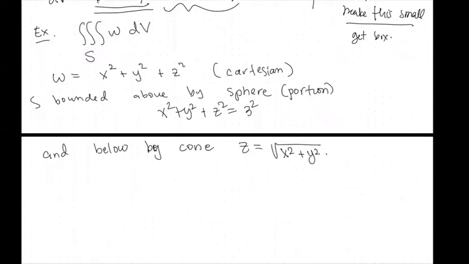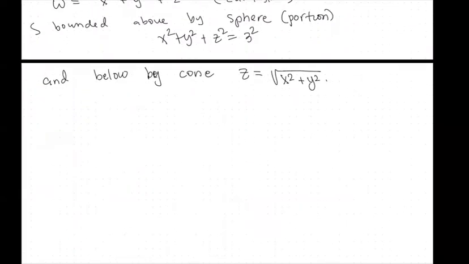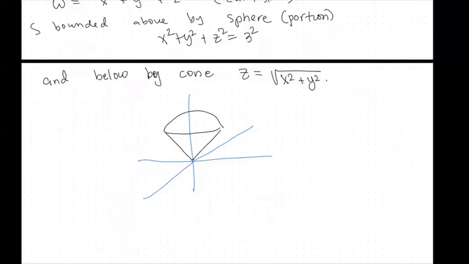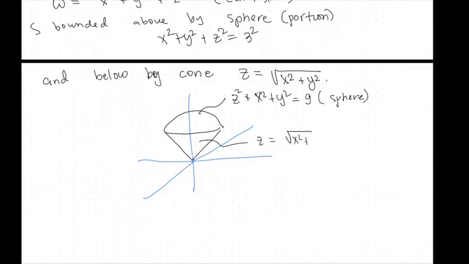So last time, we already know, if you are going to draw the surface, this is the surface, and then there's a cone, and then there's this portion of the sphere, z squared plus x squared plus y squared equal to 9. So this is the portion of the sphere, and this cone here is z equal to the square root of x squared plus y squared.